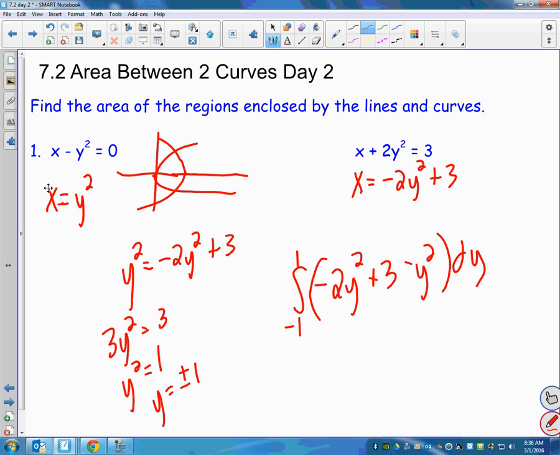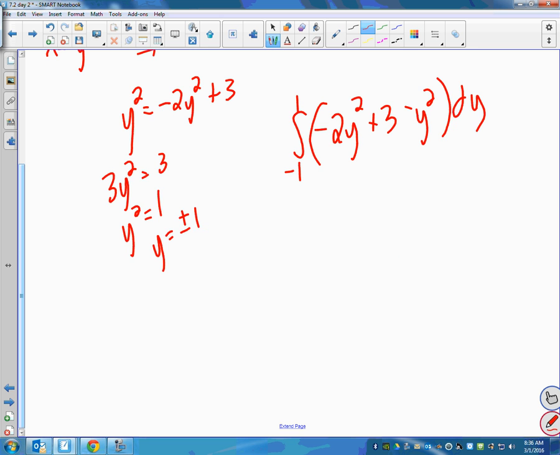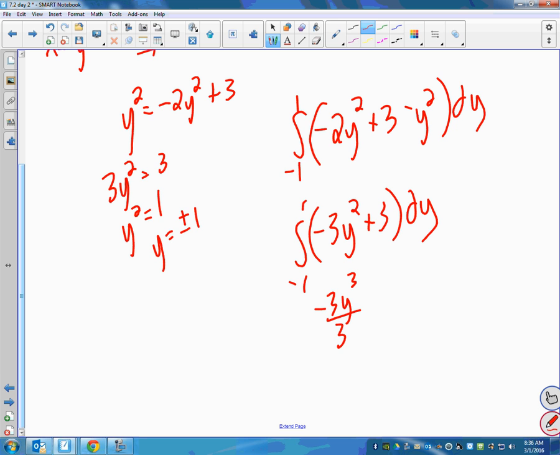And now it's just a practice of integrating. It's so easy to make a negative mistake.